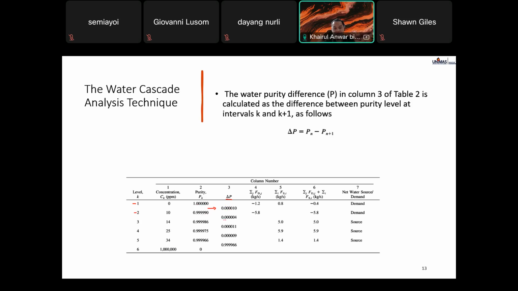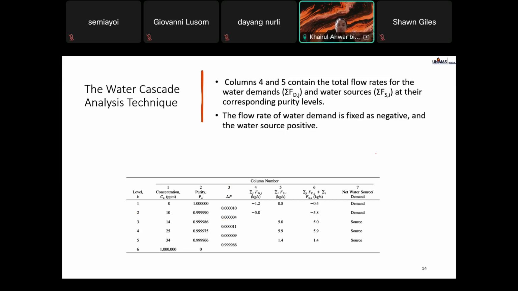The same thing for this: 0.99999 minus 0.99999 gets 0. So that is for column 3. Then for columns 4 and 5.